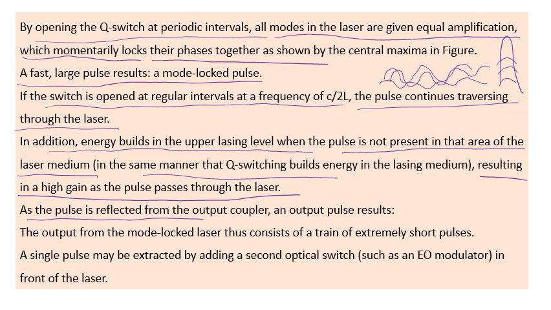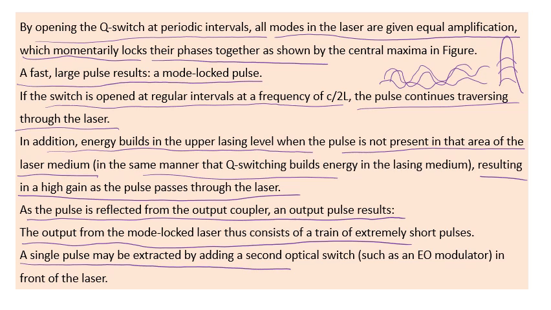As the pulse is reflected from the output coupler, an output pulse results. The output from the mode-locked laser thus consists of a train of extremely short pulses. A single pulse may be extracted by adding a second optical switch in front of the laser.